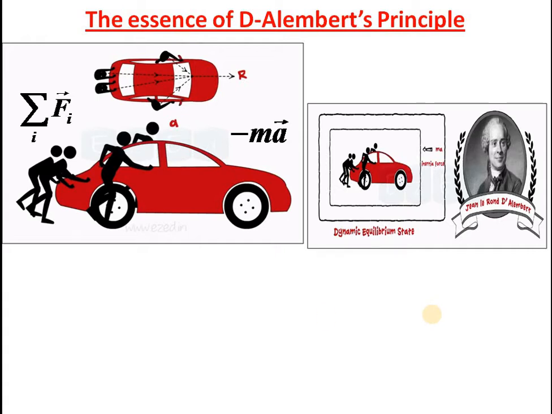So the total force on the car you can write as the summation of Fi, where i depends on how many people are applying force on the car. And there is an effective acceleration vector a. Then there is a reverse effective force on the car that is taken as minus ma.